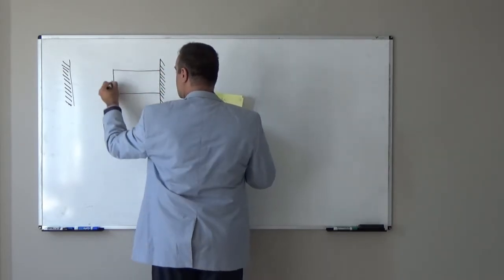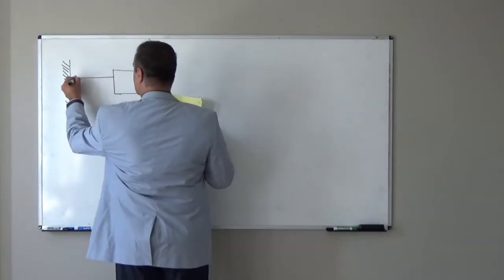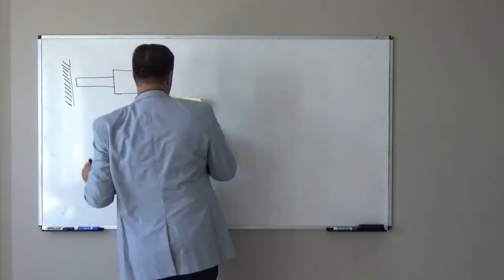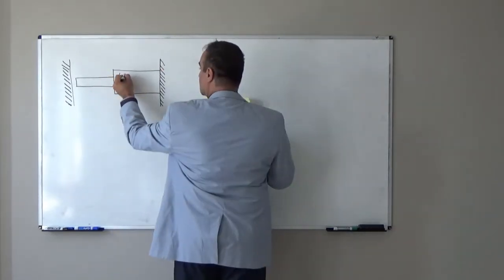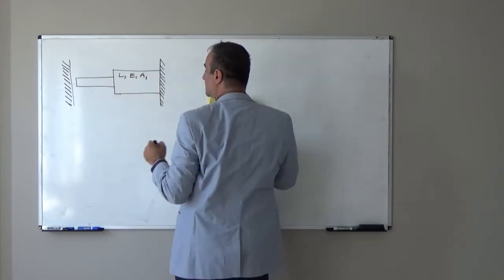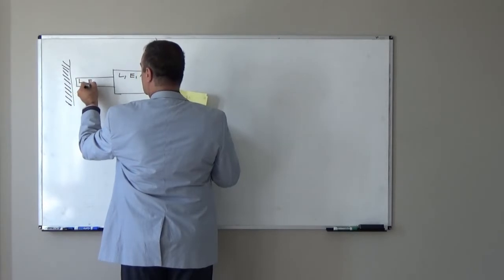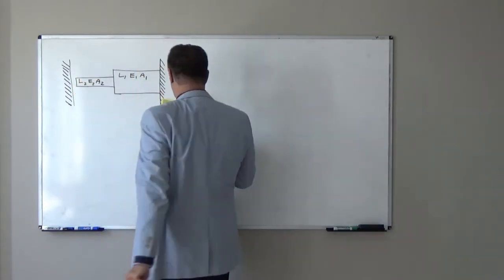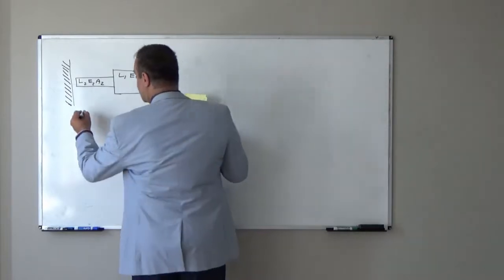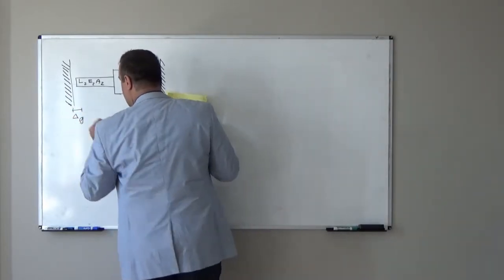Something like this and like this. Here are L1, E1, A1. Here it is L2, E2, A2. And there is an initial gap here, I can show with delta and with G.